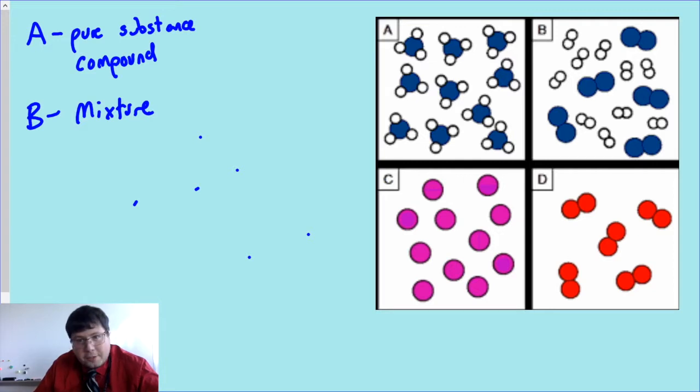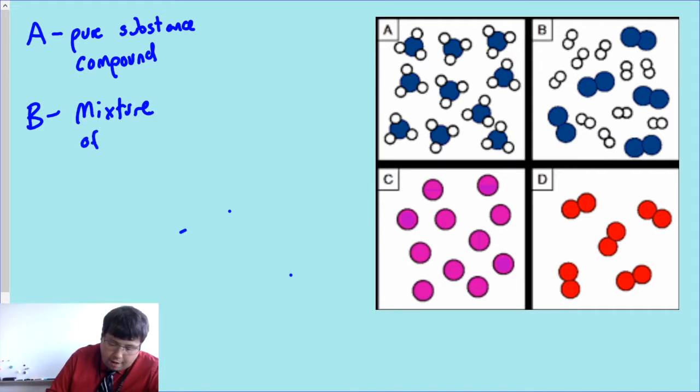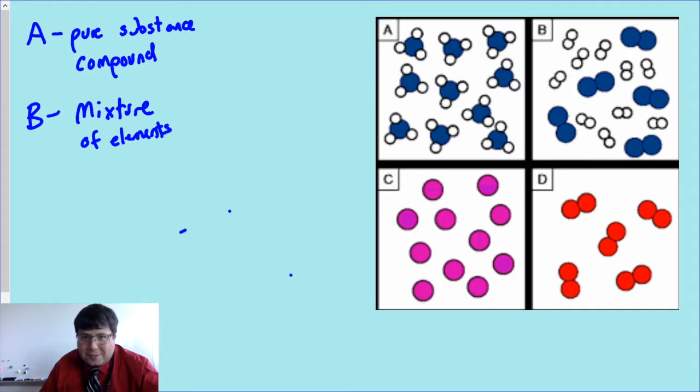You'd have to see maybe a bigger sample, but you could make a claim, I think, that it was either heterogeneous or homogeneous, depending on what you wanted to claim here. And then we could actually say even something further. Is this a mixture of compounds, or is it a mixture of elements? Well, it looks to me like we have 2 white atoms here and 2 blue atoms there. They're not combined together to make 2, so this is actually a mixture of elements. Diatomic elements, to be more specific.